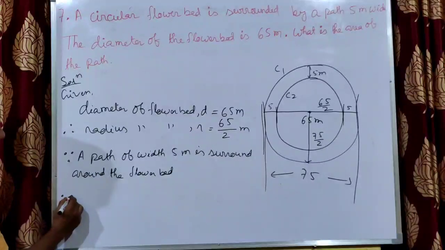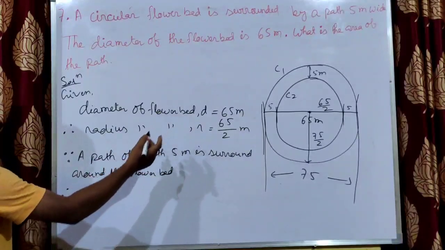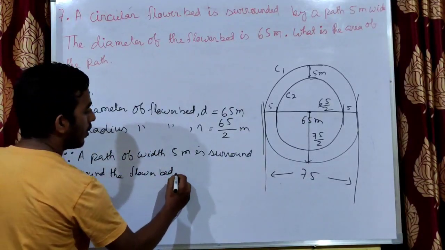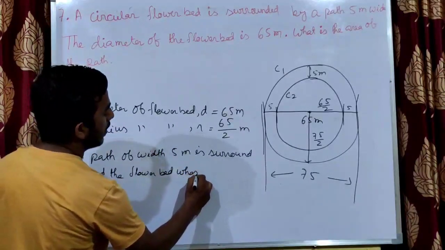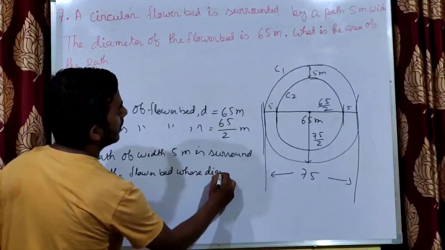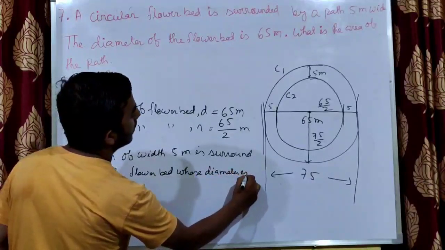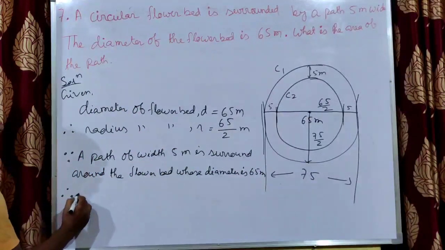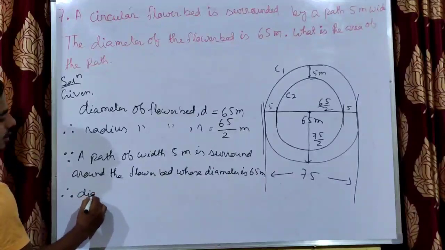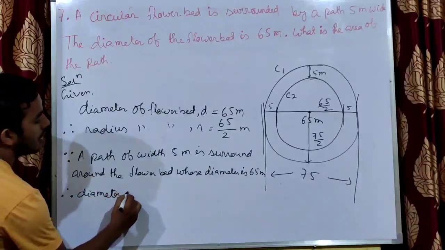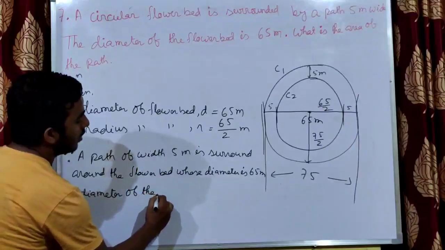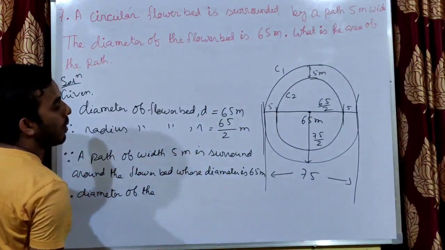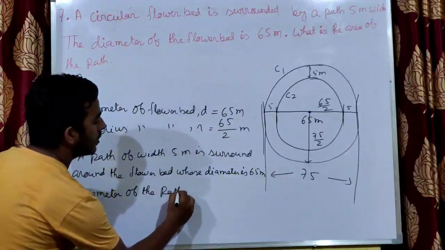Therefore radius of the circular path will be, flower bed whose diameter is 65 meter, right? So therefore diameter of the path.